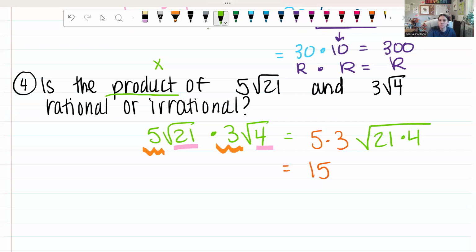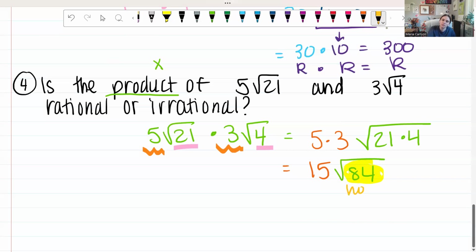So I have 15 square root of 21 times 4. What happened to this? I messed up when I was doing this problem in my notebook. That's so funny. But 21 times 4 is 84. And 84 is a non-perfect square. You could have done this in another way too. This is a non-perfect square, which means this is an irrational number.